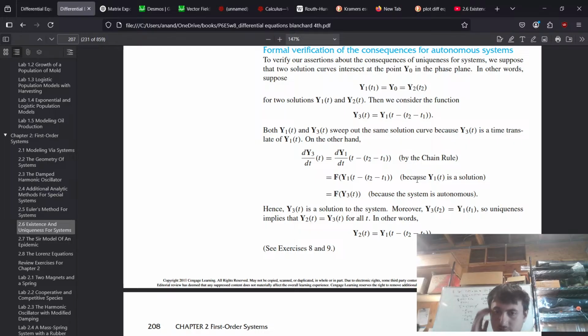I did write it wrong. dy1/dt of g of t is equal to f of y1 of g of t.